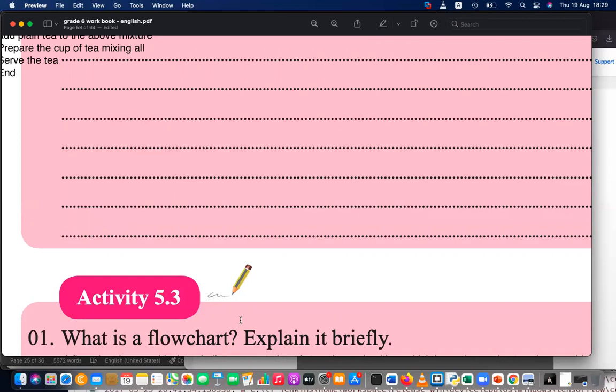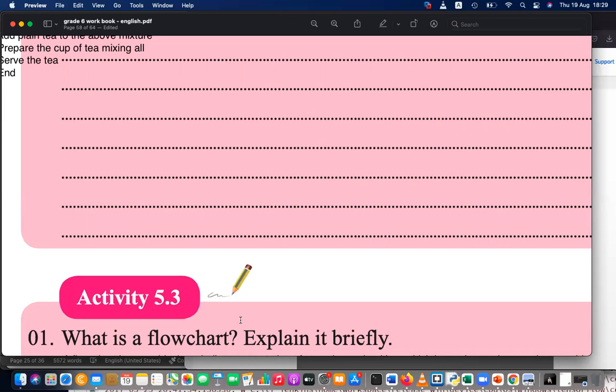So we wrote the algorithm in textual format, but graphics are more informative than text. Using graphics, it is possible to explain more things than text. Therefore, in a flowchart we explain things using some standard graphical symbols.